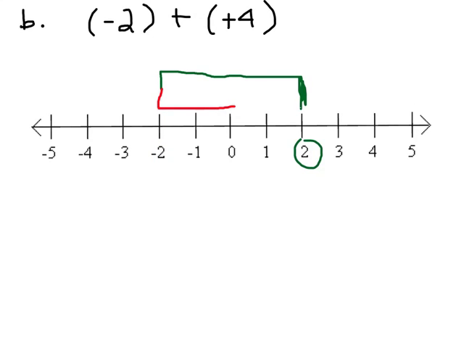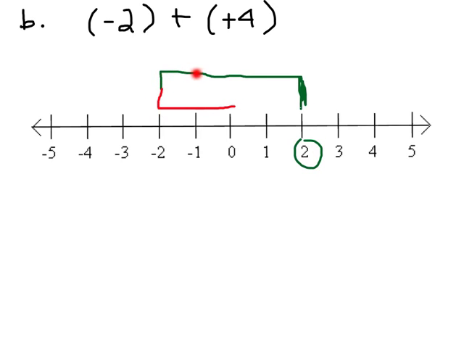Alright, this one we also have two different signs. You see 2 different colors here. I'm going to start at negative 2. I start from 0, and I go 2 to the left, and then from there I'm going to go 4 to the right.